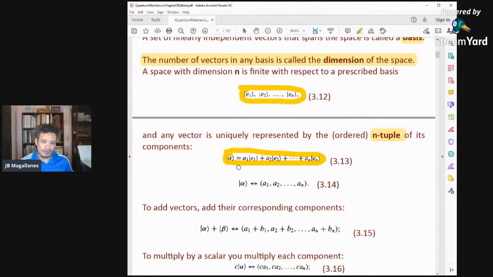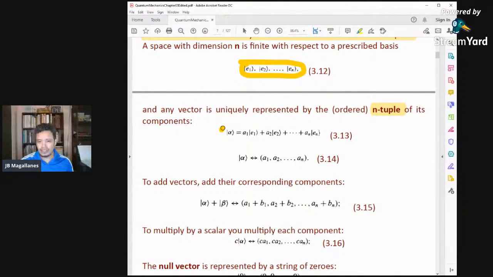So for a vector A in three-dimensional space, you have A1 i plus A2 j plus A3 k. In n dimensions, you have A1 e1, A2 e2, and so on up to AN eN. Or you can also write it like this. It means that you have A1, A2, up to AN as the components of this vector alpha.